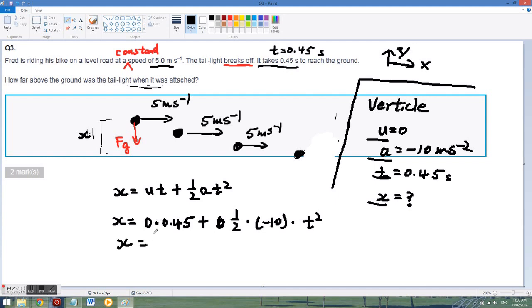That's a 0, so the 0 just cancels out, and it will be 0 minus 5t squared. Sorry, I need to substitute t in. Now 0.45 squared. Use your calculator, you should have a number.